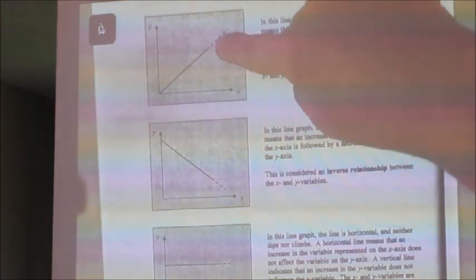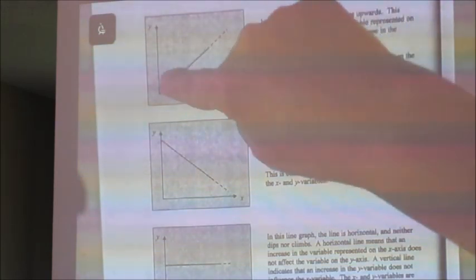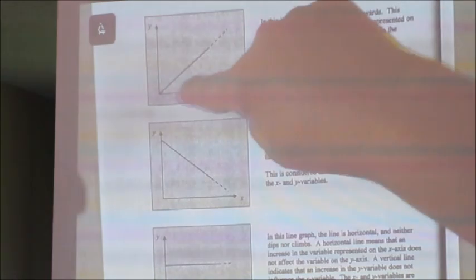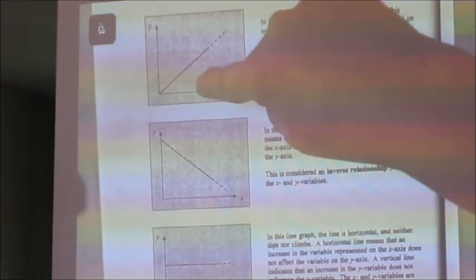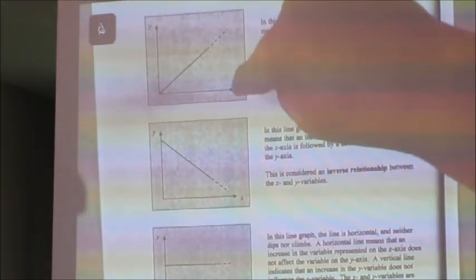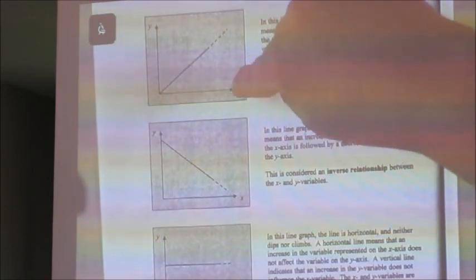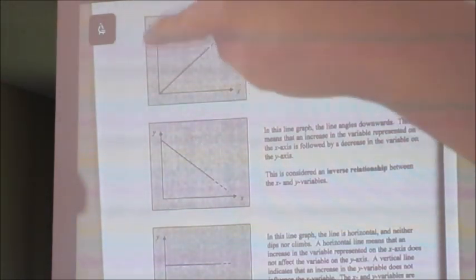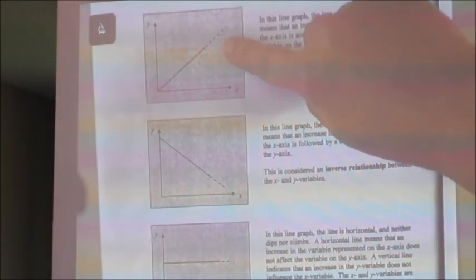The top one shows a straight line going upward, and that means that as your independent variable, plotted on the x-axis, is increasing, so is your dependent variable. So your independent and dependent variables are directly related in the top graph.